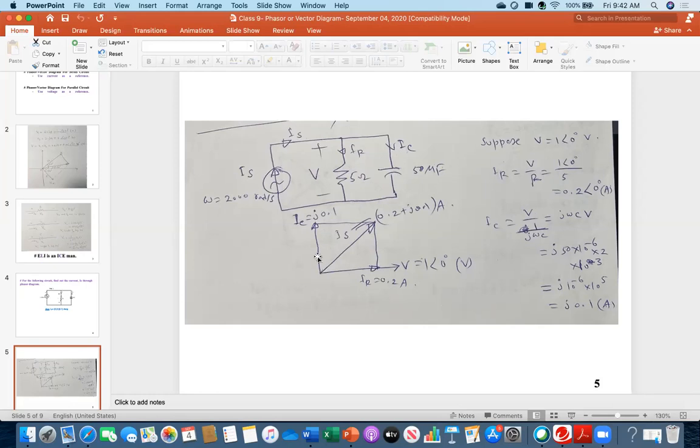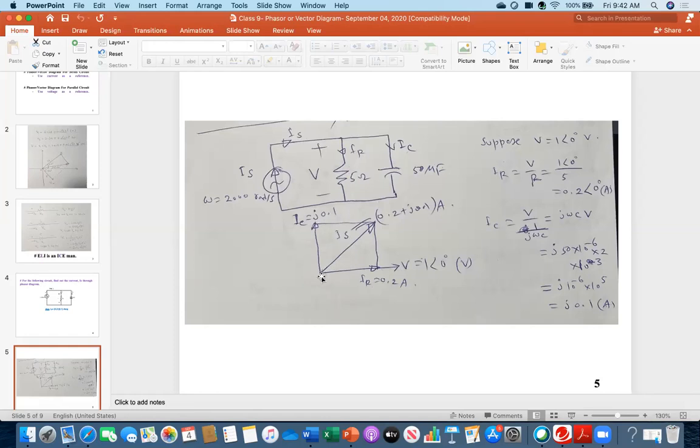You see, I did it in that way, and then I made the vector. Now the question is, after drawing the reference line, which way you will go, how you will plot this current and how you will plot this current. For example, I have gone in that way, I mean 90 degrees upward.